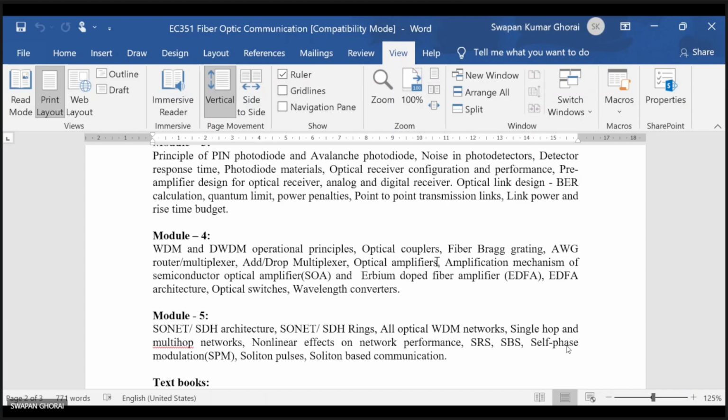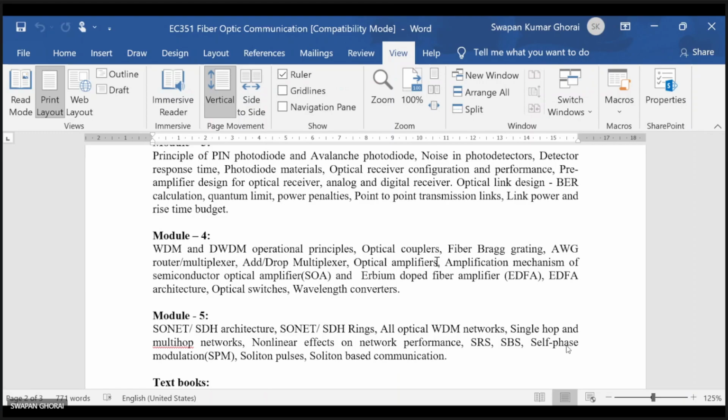And nonlinear effects, as I told you, when you go for extremely high bit rate systems, then the Raman effect, SRS, stimulated Raman scattering, SBS, stimulated Brillouin scattering, and SPM, self-phase modulation, are to be considered. And finally, we'll see the soliton concept.